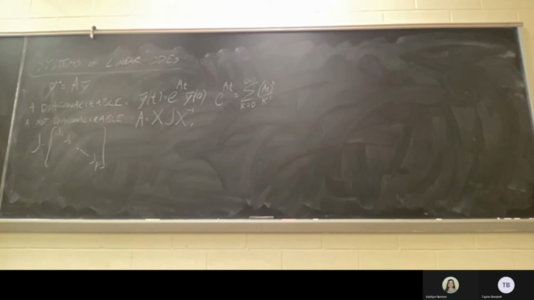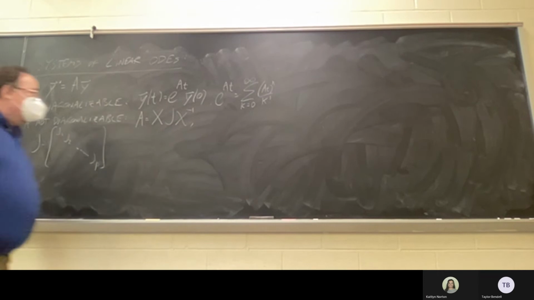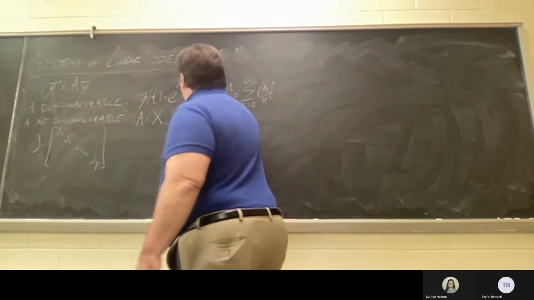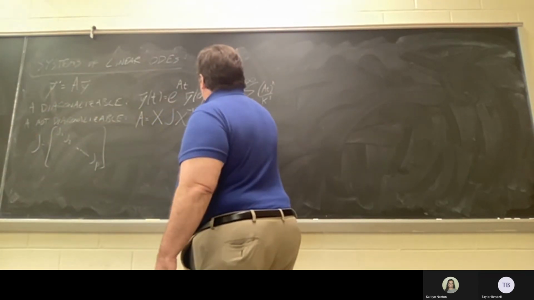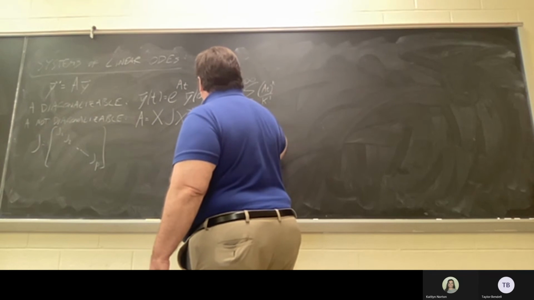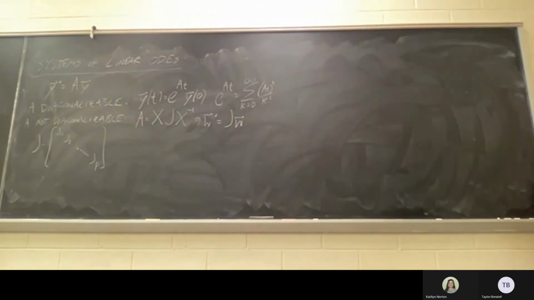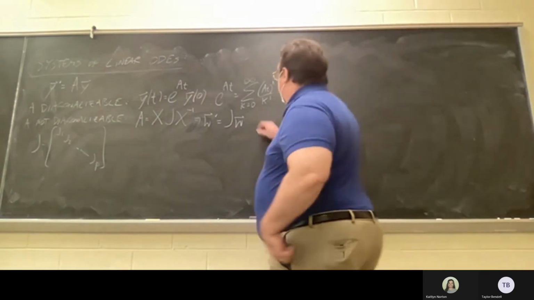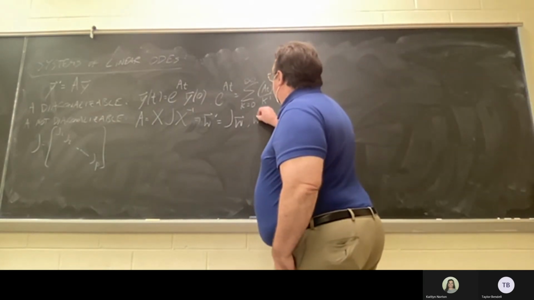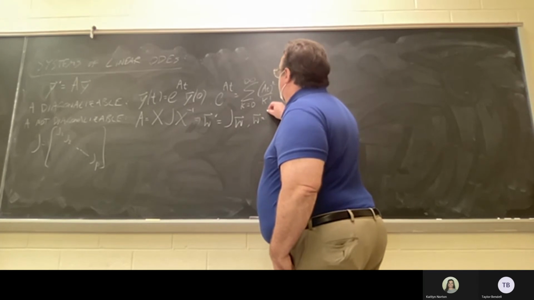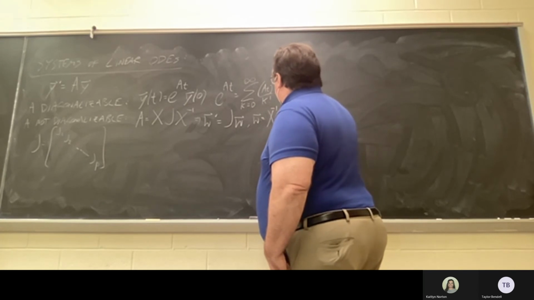And then what we found, just by working with a specific example, is, using the Jordan form, we get a new system of ODEs. W prime is equal to JW. So a system of ODEs of the same form, just with a simpler matrix, where W is equal to X inverse Y.